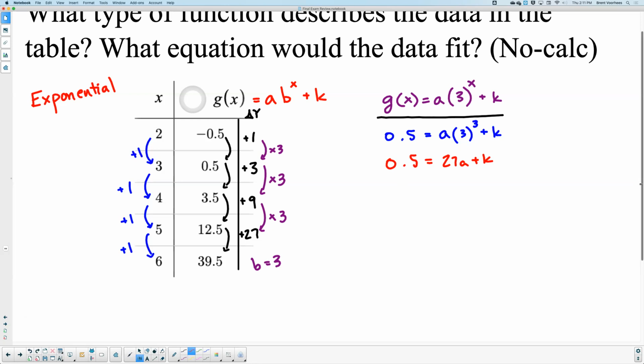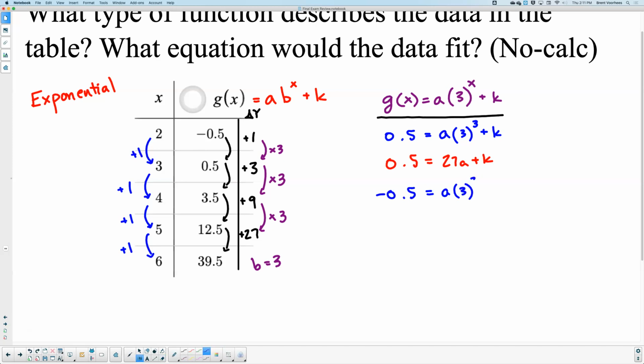Okay, now what did we do last problem after we did that? We did a second point. Which point do y'all want to use this time? Do you want to use 4? That's going to be getting us a pretty big number because 3 to the fourth. We want to use squared. Let's say we're not scared of the negative. Let's do the negative. If we plug in negative 0.5 equals a times, I put a 2 there, sorry.